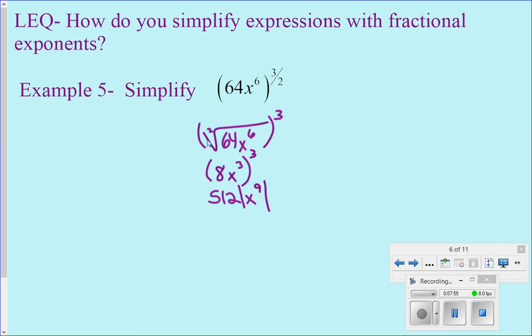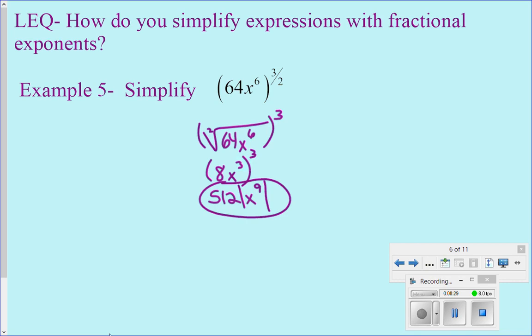Had this been an odd root, like the last problem, we would not include absolute value. Had this been an even root that came out with an even exponent, like 8, I would not be putting absolute value. Had this been an even root that came out with a fractional exponent, I would not be putting absolute value. But because it's an even root that came out odd, and it's a whole number, odd number, I need the absolute value around it. I don't put it around the number, just the variable part.